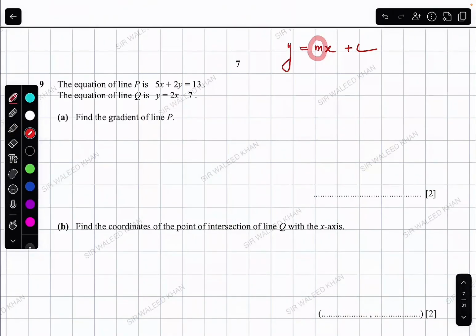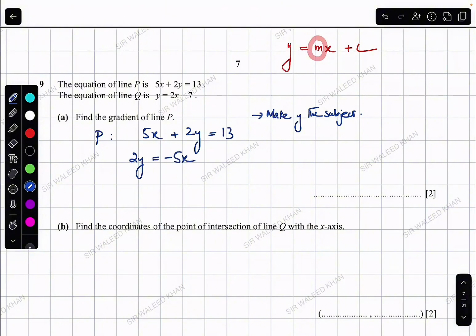So over here, I can see that P is 5x plus 2y is equal to 13. So we have to make y the subject first. Why? So that we can match it with the general form. So 2y is equal to minus 5x plus 13. Now y is equal to, I'm going to divide both these by 2.